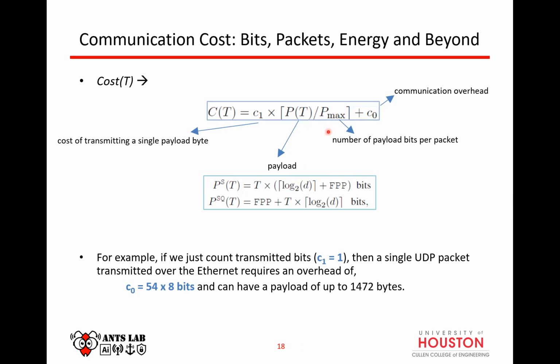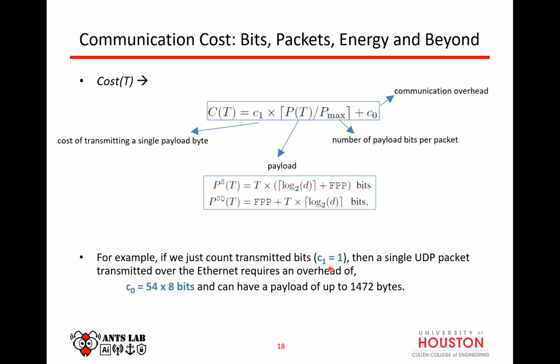And you can obtain the number of payload bits per packet with the Pmax. For C1, it would be the cost that you would need for transmitting a single payload byte. This depends on what kind of communication technology you're using. For example, they give the example of using just Ethernet to transmit one single UDP packet.